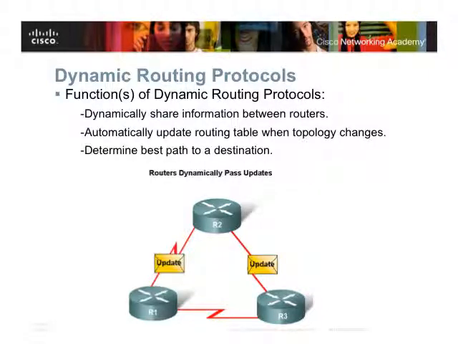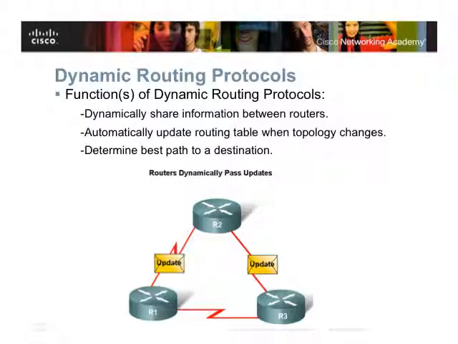The dynamic routing protocols exchange this information. This information will facilitate the automatic discovery of any topology change in the network. This is unlike the static routing protocols. Static routing protocols do not automatically discover any topology change.